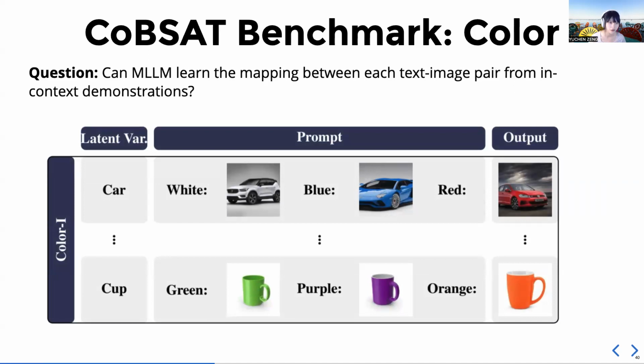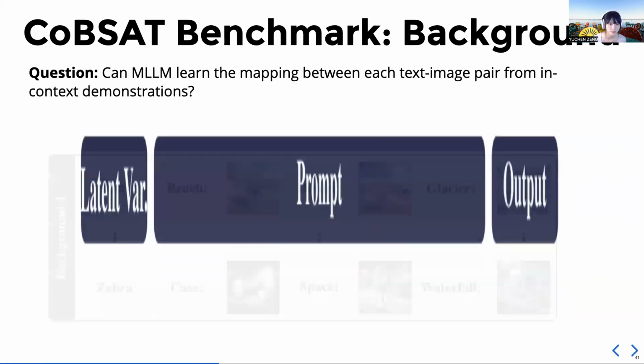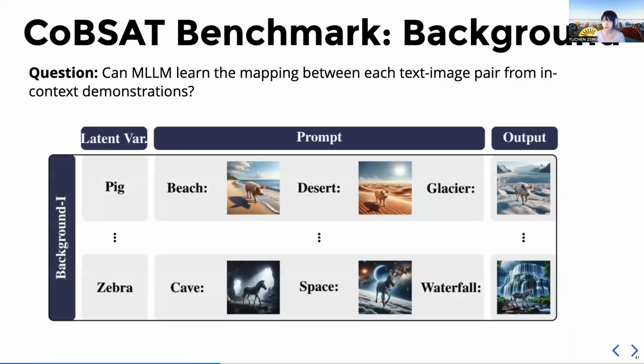We have a lot of similar prompts with different objects like cup or chair, and many different colors. In this first task, color, we have different objects as the latent variable for each prompt. We similarly collect prompts for another theme, which is background.